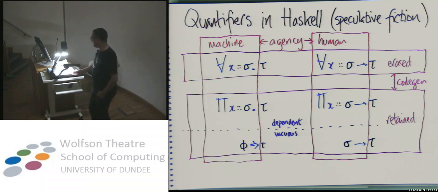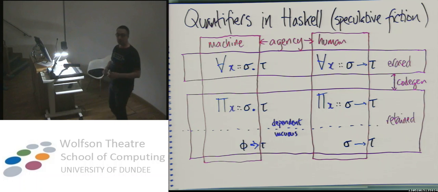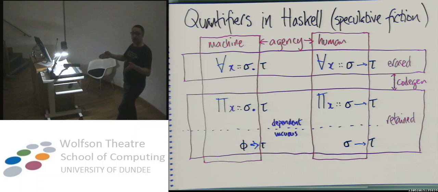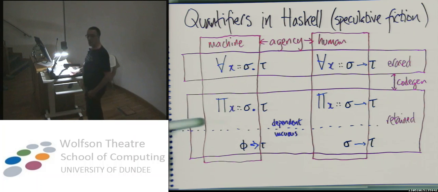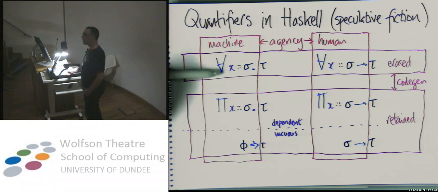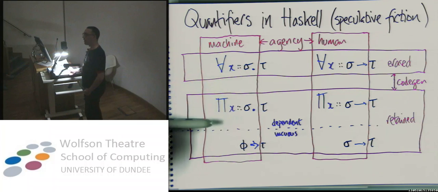But there will certainly be situations, for example, let's say you want to make some number of copies of an element to make a vector of the given length. Then you will certainly need to know that length at runtime. So certainly for things which look like data, there are roles for both for all and pi.